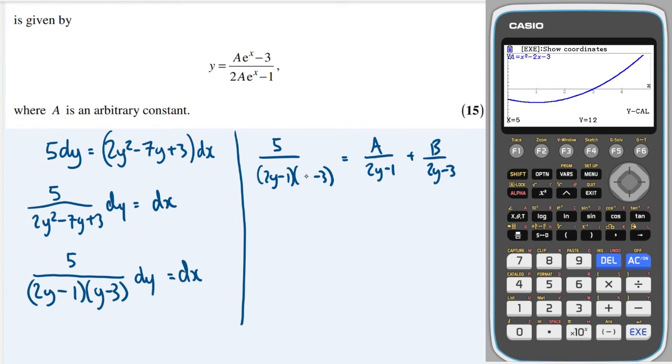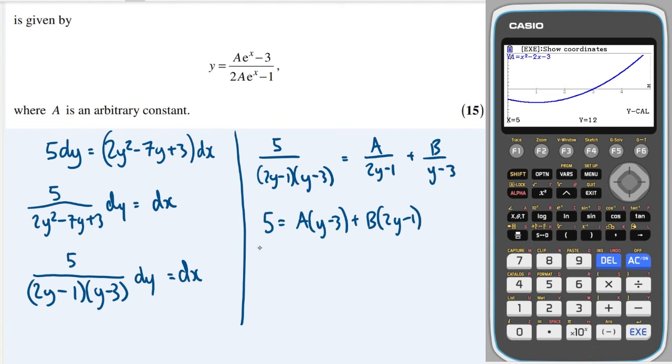Whoops, sorry, don't know why I put 2y there, so just y. Multiply across, so I get a lots of y minus 3 plus b lots of 2y minus 1.